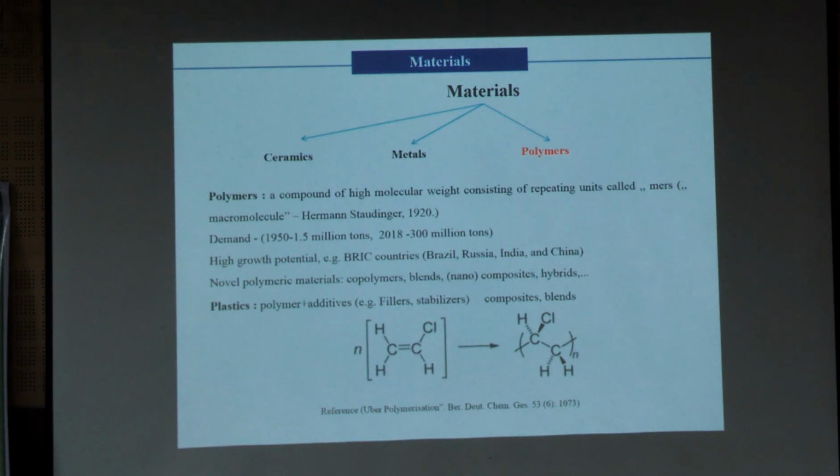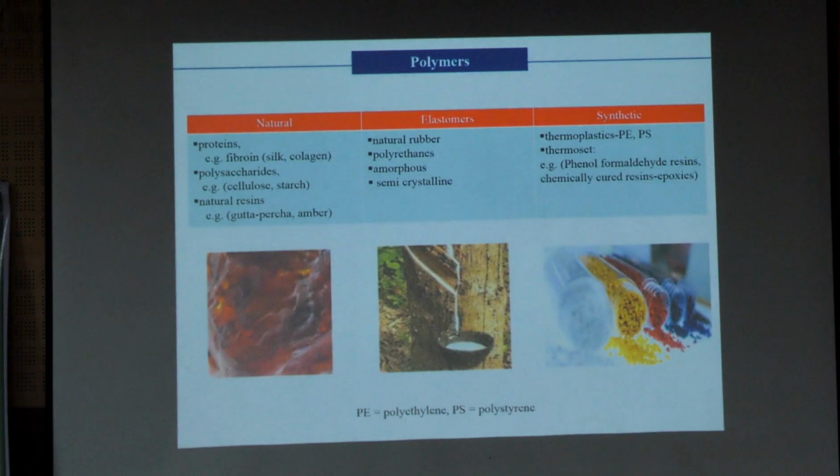Polymers are compounds of high molecular weight consisting of repeating units, and these are normally plastics. Actually we mix polymers with additives, like thermosetting plastics and thermoplastics, right? Thermoplastics we can recycle, but thermosetting plastics we cannot recycle. These are normally the polymers we use in the preparation of composite materials.